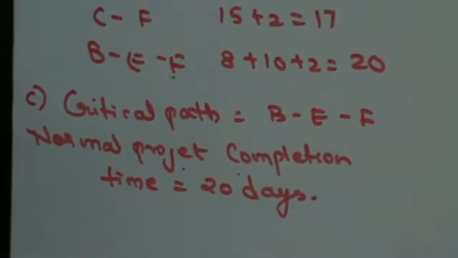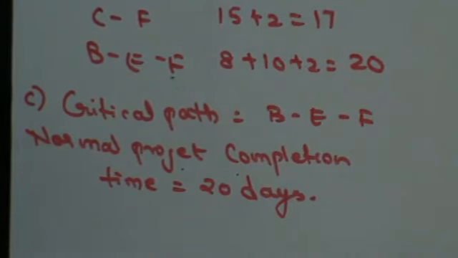If you remember your definition, crashing cost per day is nothing but your cost slope. So they have directly given you the cost slope. There is no data given in this sum regarding the direct cost or the indirect cost.